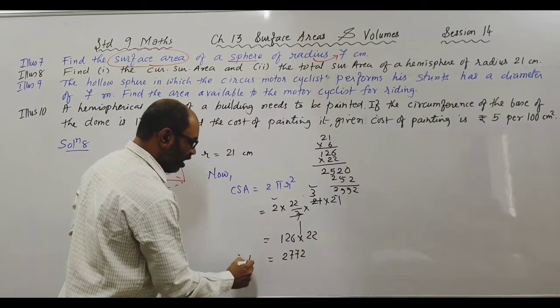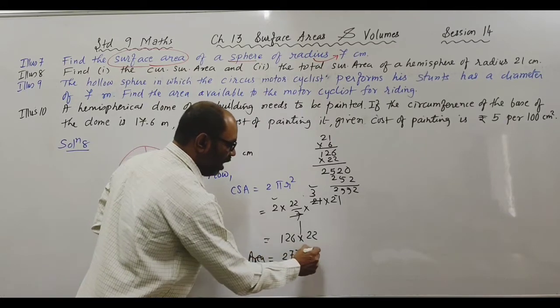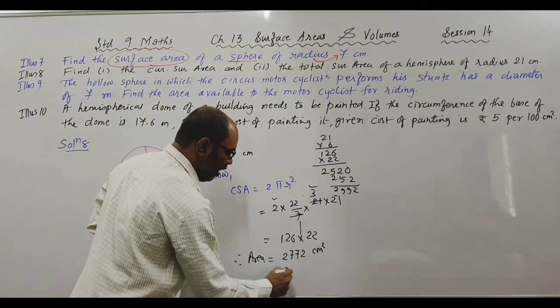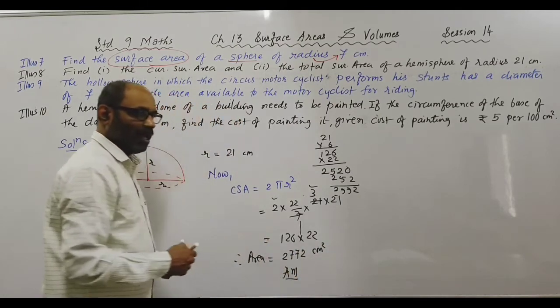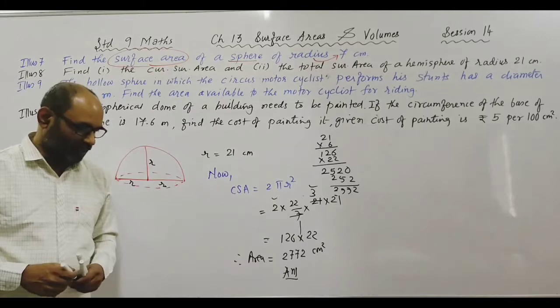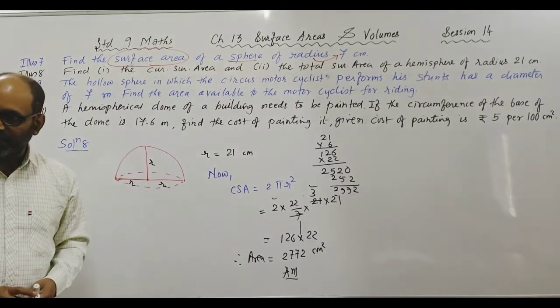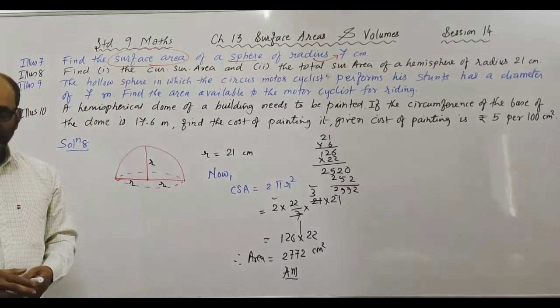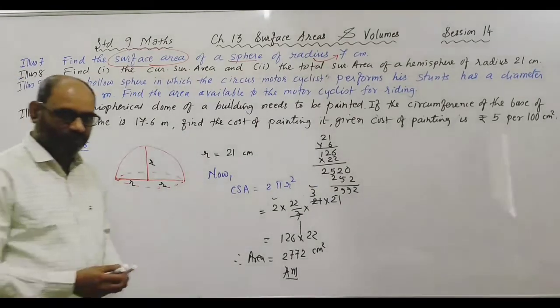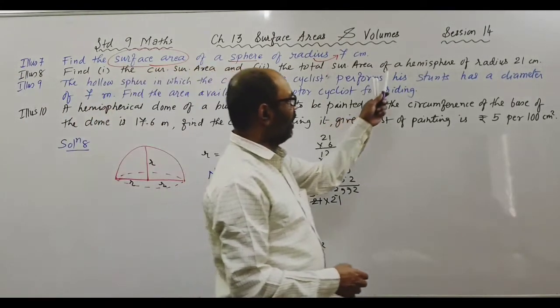What is that? Curved surface area in centimeter square, and you will have to write the answer. The curved surface area of the given hemisphere is 2772 centimeter square.